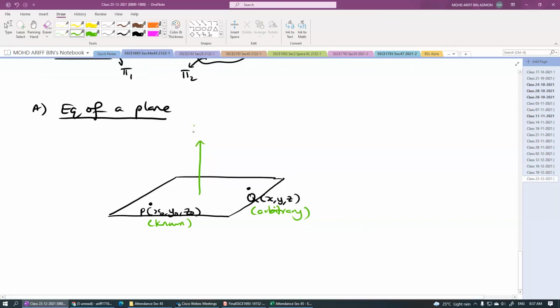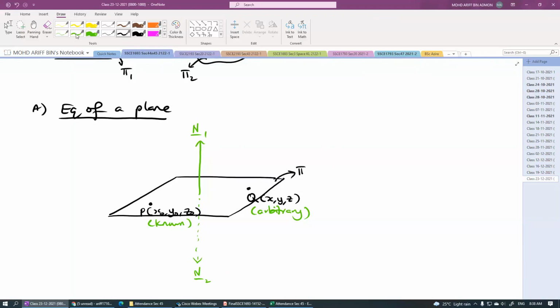Normal vector is normally written as n. We have two directions of normal vector, let's say n1 and n2, just in the opposite direction. But both still represent the normal vector to this plane. Let's say I denote this plane as plane pi.